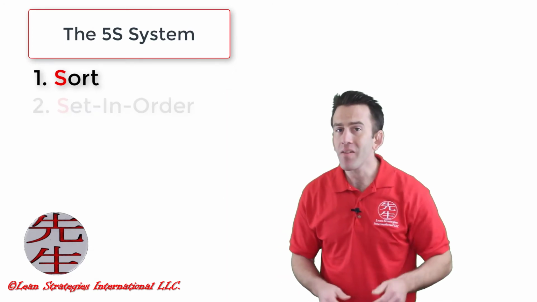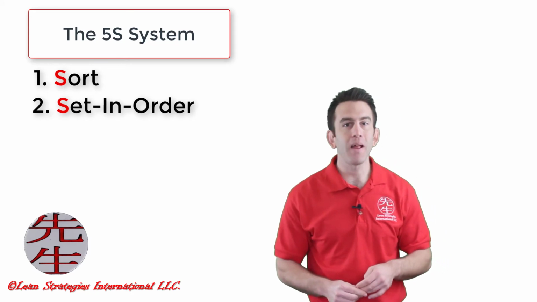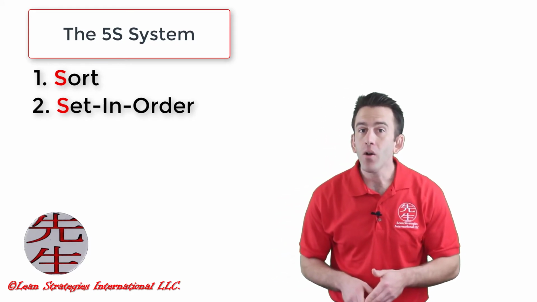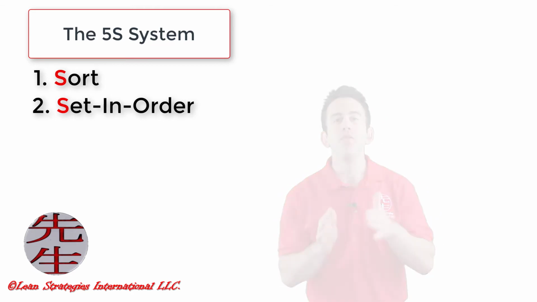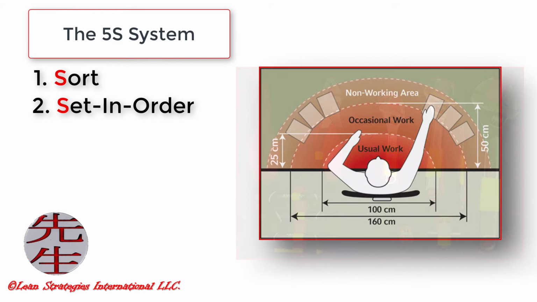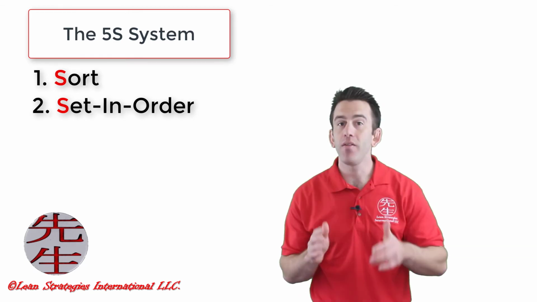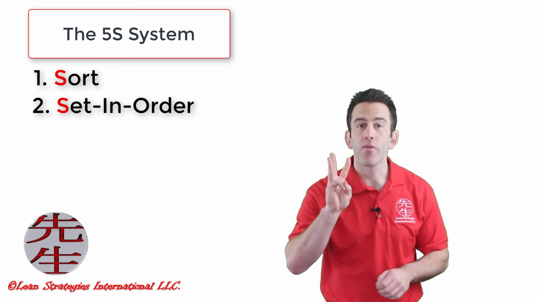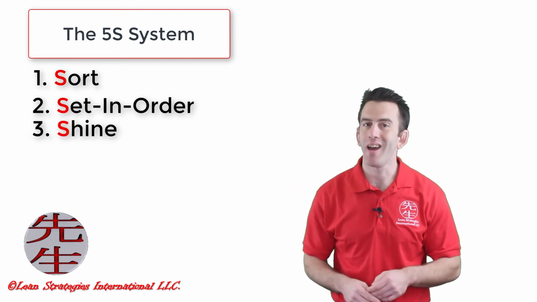A place for everything, and everything in its place, is the mantra of our second S. Here, we begin to make items visual and situate commonly used items as close to the point of use as possible. After everything has found its home, we're ready to begin our third S, shine.